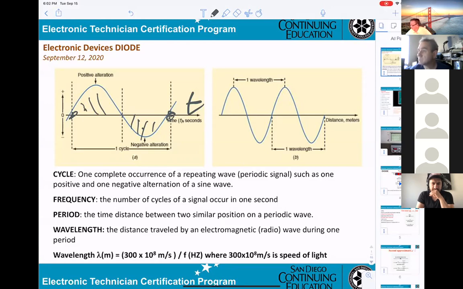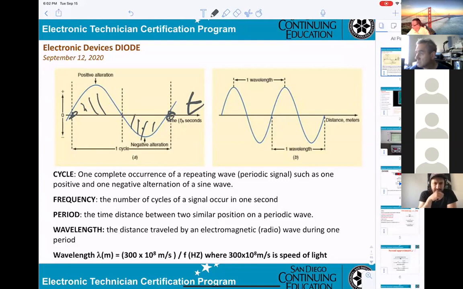Now, what is the definition of frequency? The number of cycles of a signal that occur in 1 second. That is the frequency, and the frequency unit is hertz.